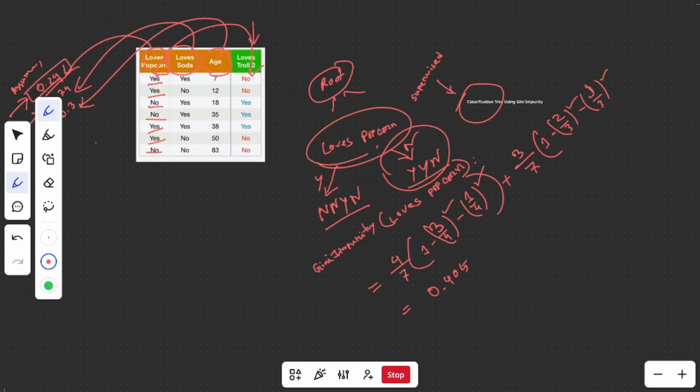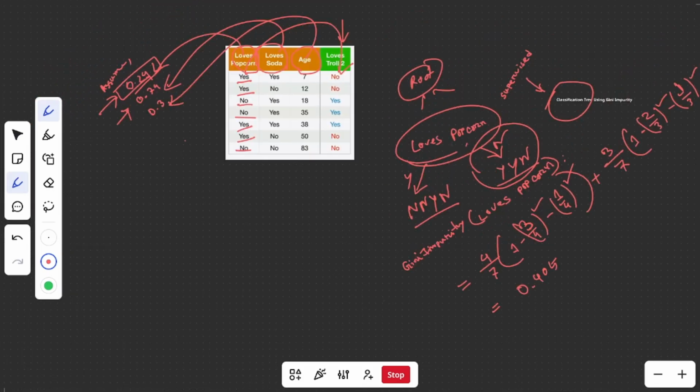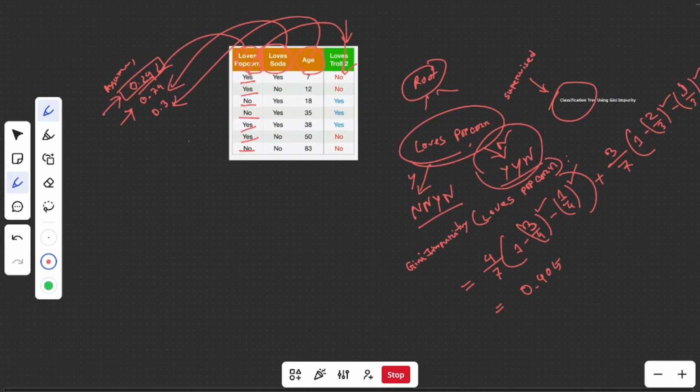Okay, then we will do the same work for love soda. So let's find out the Gini impurity of love soda.